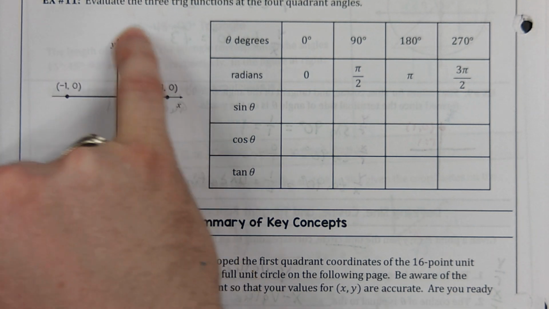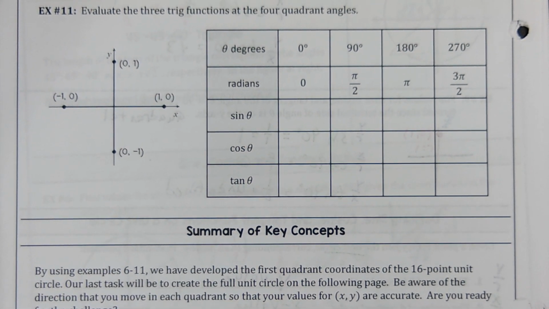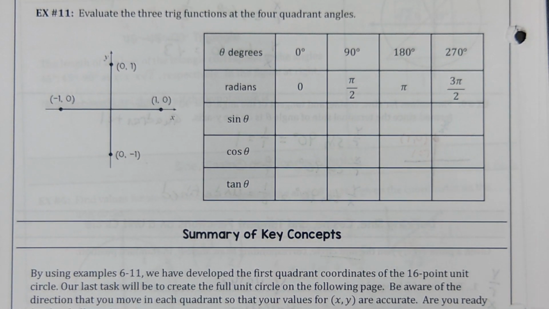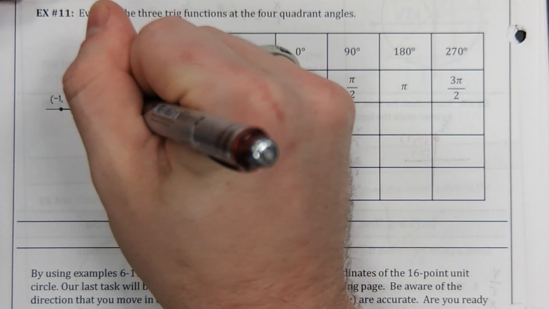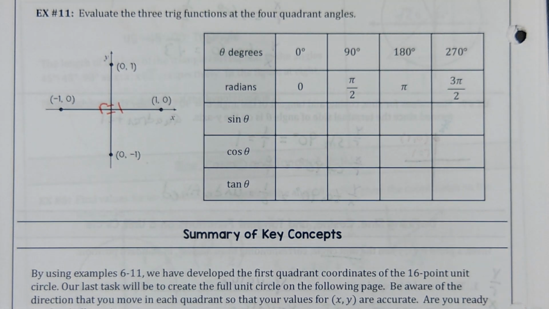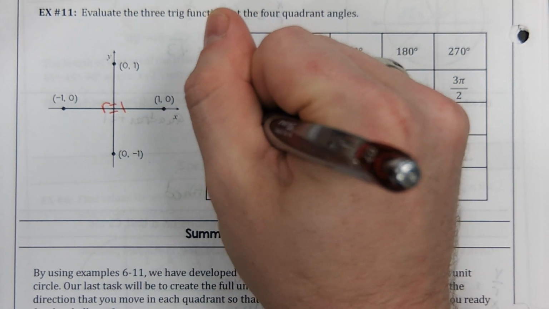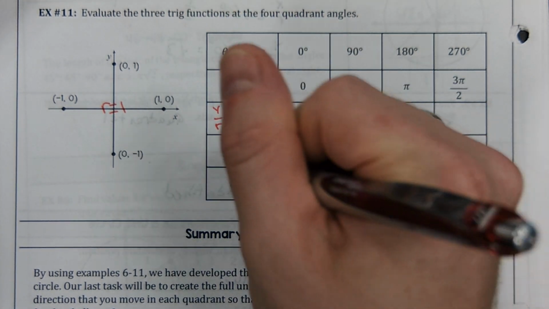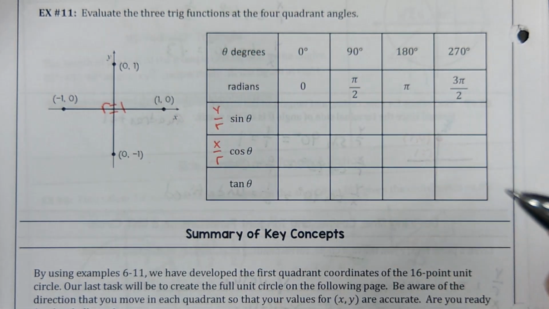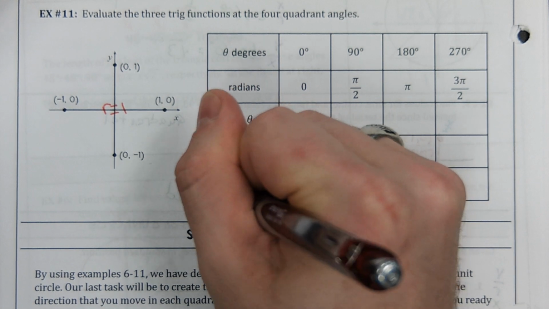Look at these coordinates. What's the radius of this circle? This is the unit circle, radius equals 1. Sine y over r. Cosine x over r. Tangent y over x.